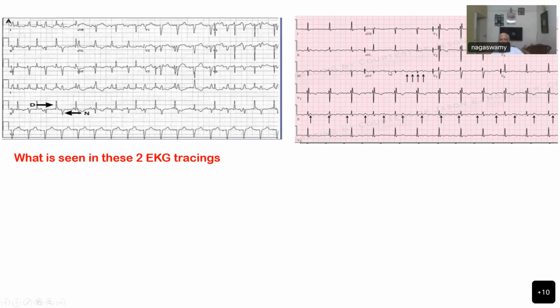In the arrow marks shown here, they indicate that it's atrial fibrillation. Here it is given something like D and N. So this is a little difficult ECG. So unless you are a cardiac anesthetist or someone well trained in cardiac anesthesia, it's difficult to identify.